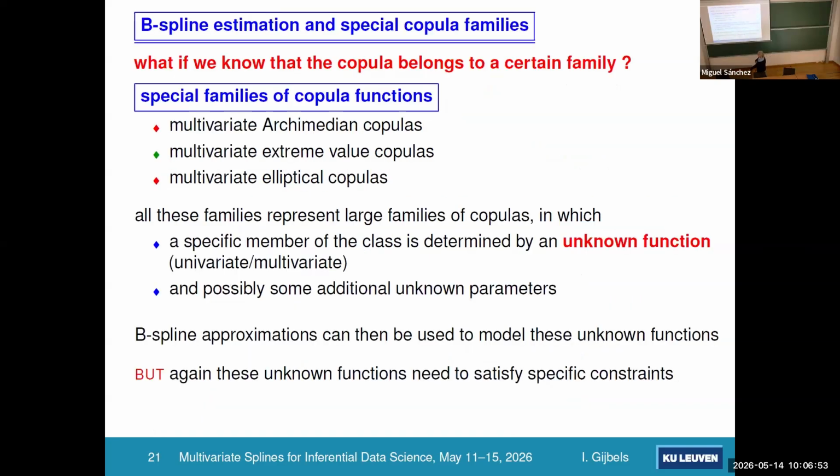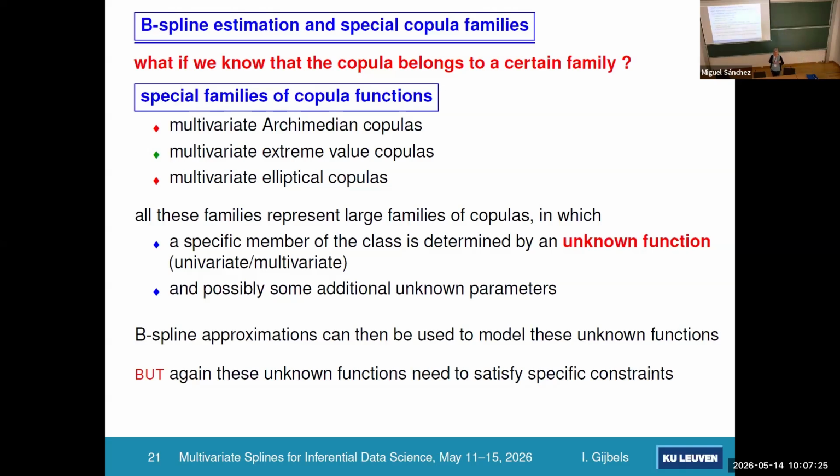Okay, let me quickly go to the case where you know something about the copula, but not much. Typically, you have large classes of copula families, and there are three important ones. There are multivariate Archimedean copulas, multivariate extreme value copulas, which are used in particular when you think about climate change, and multivariate elliptical copulas.